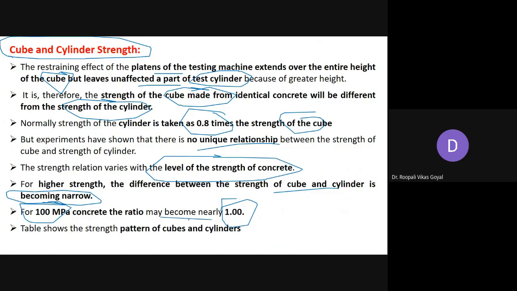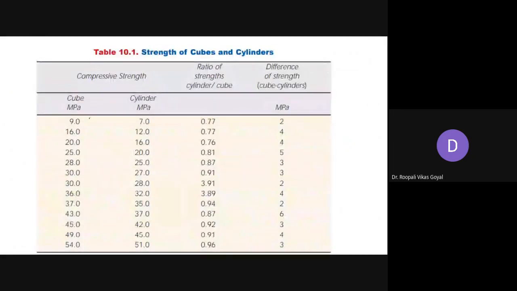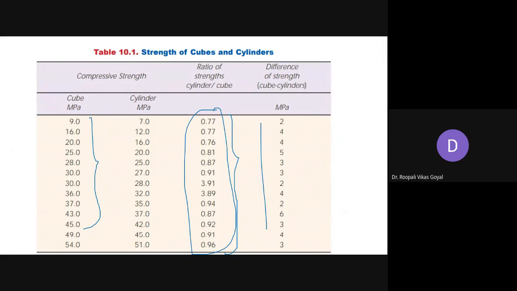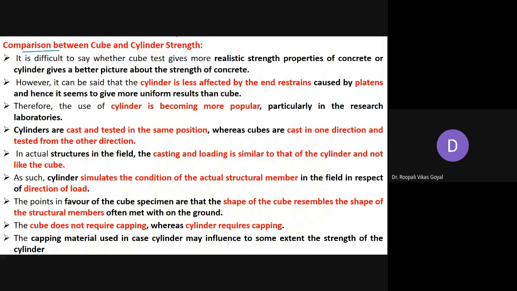This following table shows you the pattern of cube and cylinder. Here you can see the ratio of the strength of cylinder to strength of cube ranges from 0.77 to 0.96, and as the compressive strength value increases, this ratio is also becoming narrower. If you want to compare between the cube and cylindrical strength, there are a few points you should understand.